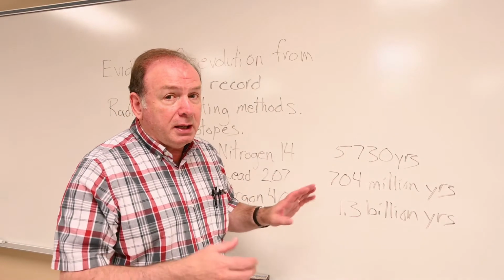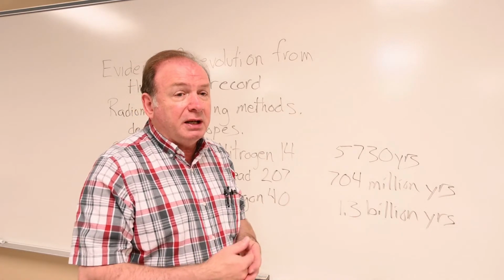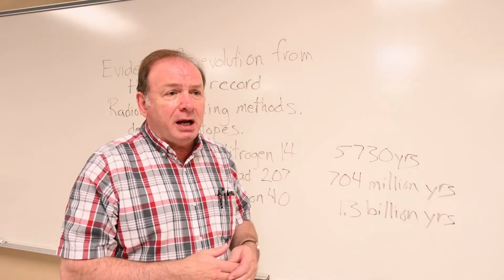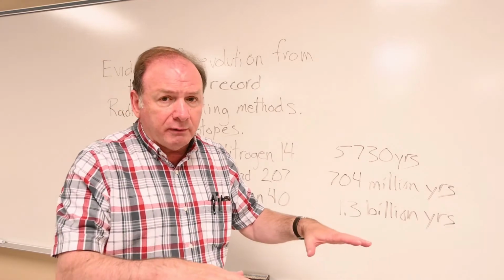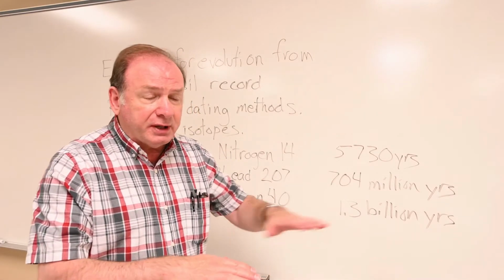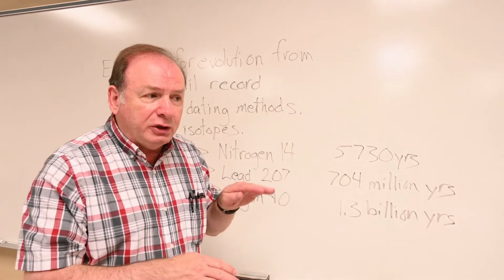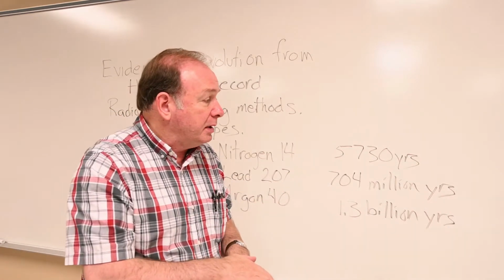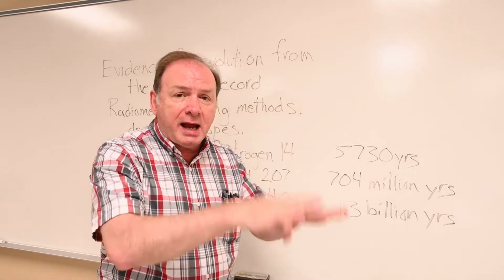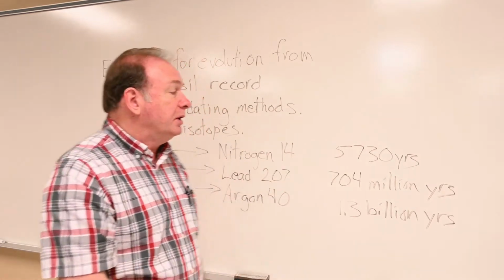A better way, even a more important way for us, is the existence of lava that extends up to the Earth's surface and forms a lava flow over the surface of sedimentary layers, or intrudes between layers of sedimentary rock, or forms volcanic ash that falls out on the surface of the ground.